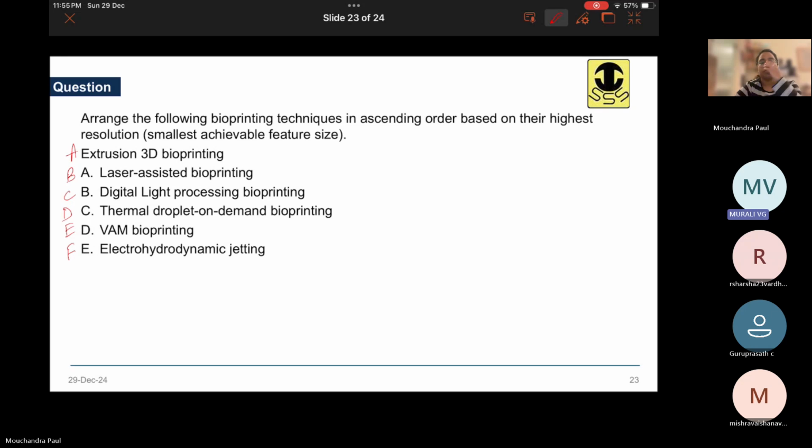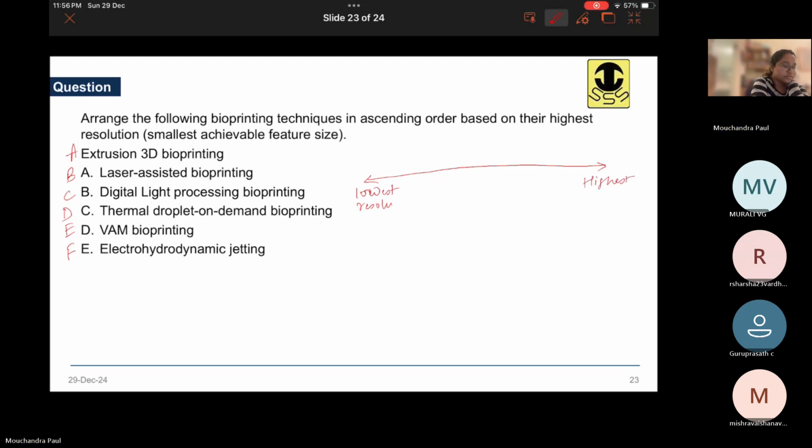F and A will be coming in the beginning, ma'am. And then, let me just draw a line. This line means here you will put the lowest resolution techniques, and here the highest resolution technique.